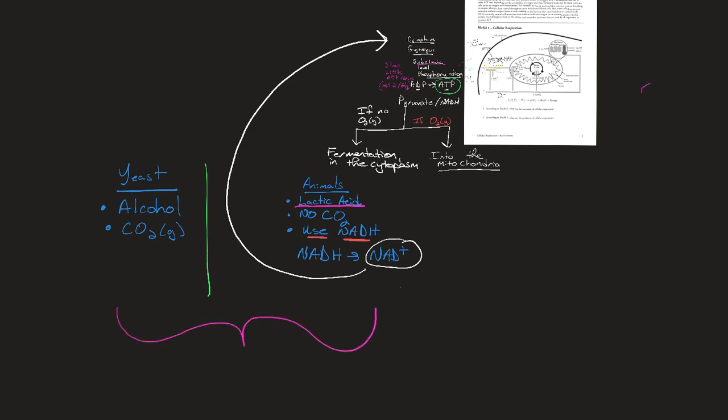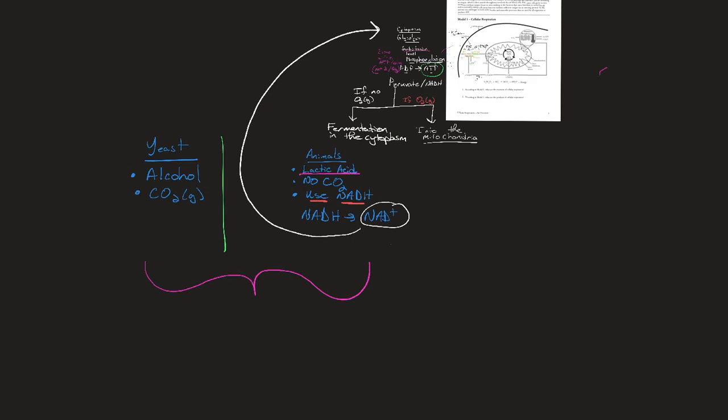I've seen questions where they asked you, what's the difference between yeast fermentation and animal fermentation? 2 key points. CO2 gas is produced in yeast. And the fact that you produce alcohol in yeast and lactic acid in animals.